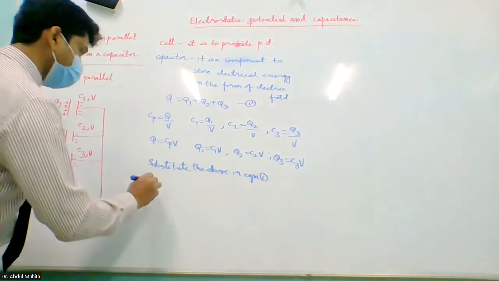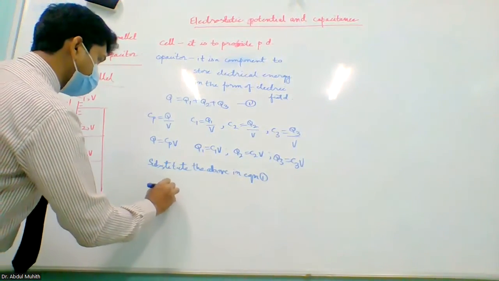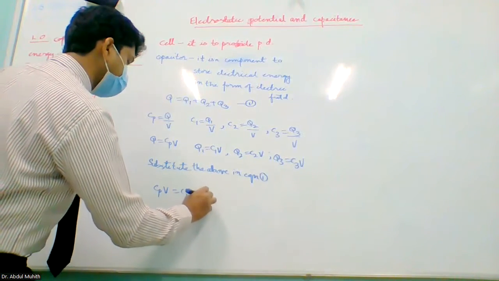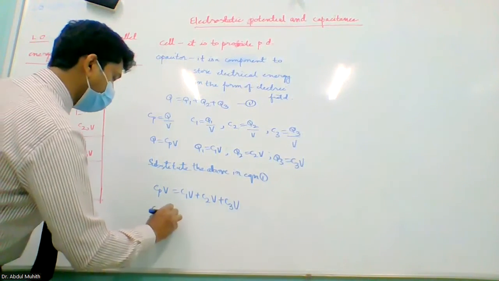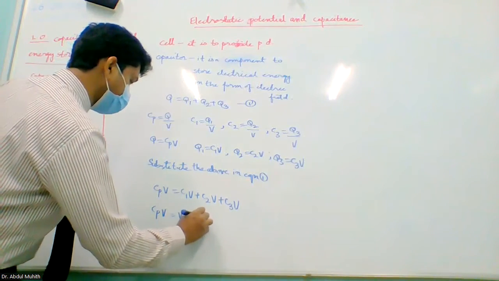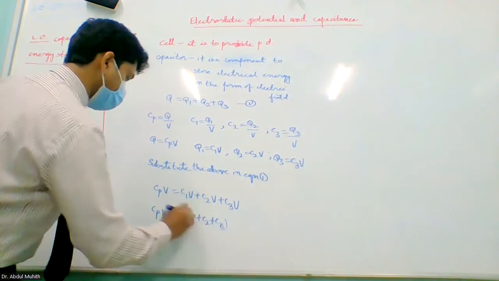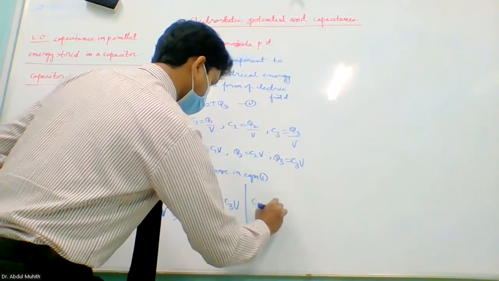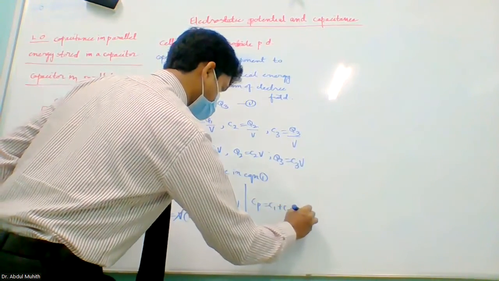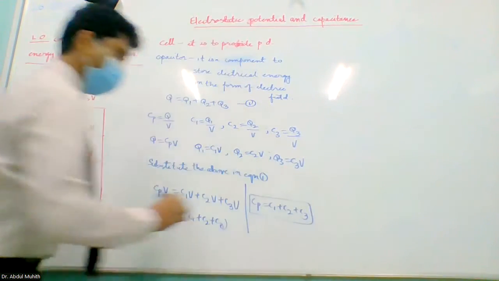So CpV is equal to C1V plus C2V plus C3V. Taking V common, V and V get cancelled. So we are left with Cp is equal to C1 plus C2 plus C3. So this is the formula.